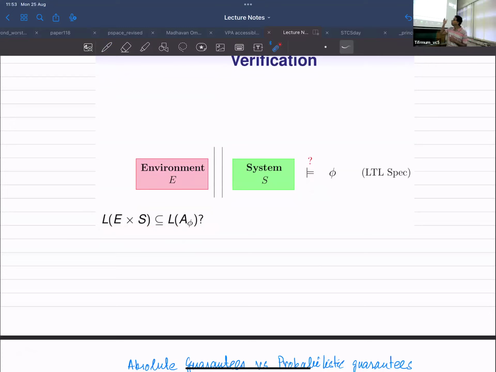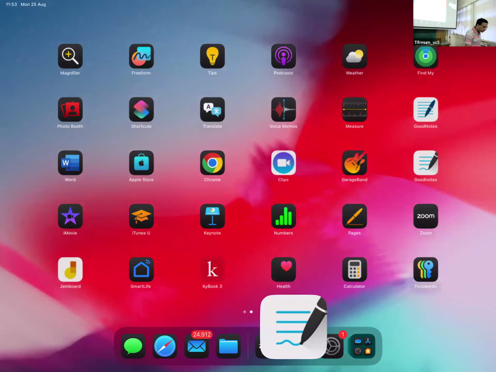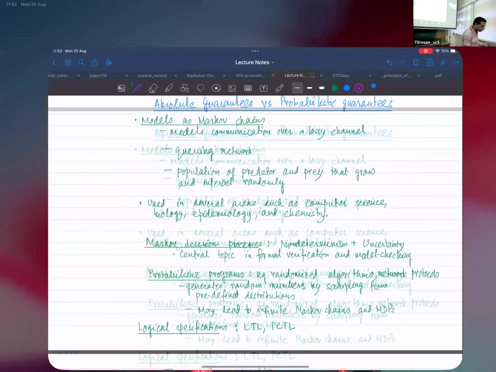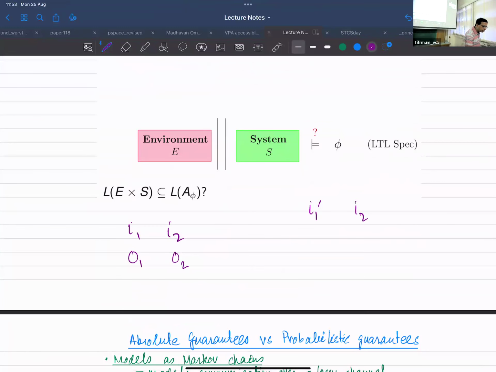The environment can give different inputs: I1, I2, and the system produces outputs O1, O2. But at some other time, the environment may give I1 prime, I2 prime, and the system produces O1 prime, O2 prime, like this.